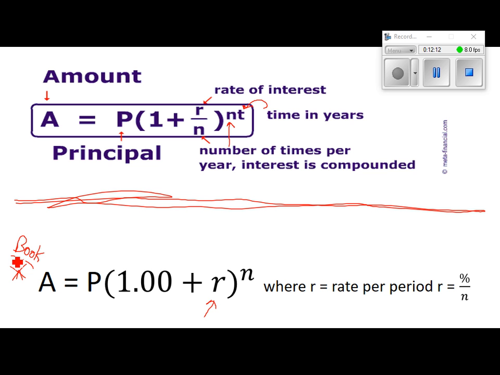If it's semi-annually, it'd be twice. If it's monthly, it'd be 12, so on and so on. N stands for the same thing here. T has to be time in terms of years. So if it's 2 years, you just put 2 in there. If it's 6 months, then you'd have to put half a year or 0.5 in there for that T.